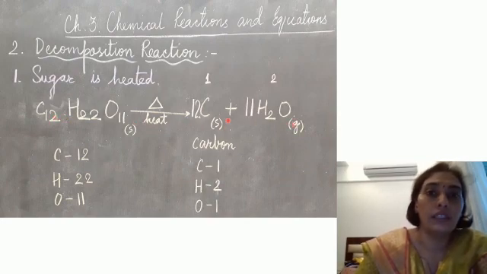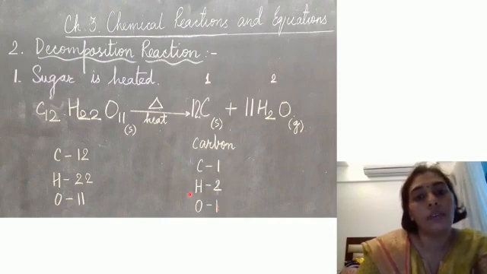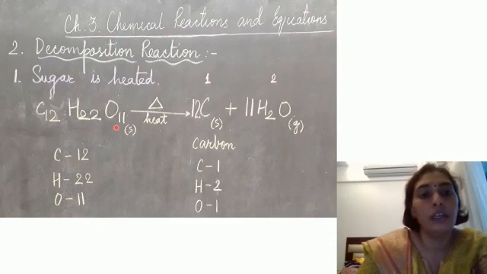Now let us balance this equation. So here we find that carbon is 12, H, that is hydrogen, 22 atoms, and oxygen 11. Whereas on this side we can see only one carbon atom, hydrogen we find 2, and oxygen is 1 atom. So how do we balance it? How can we make carbon 12 on this side? By simply writing a 12 coefficient in front of carbon. Then we need to balance oxygen and hydrogen.